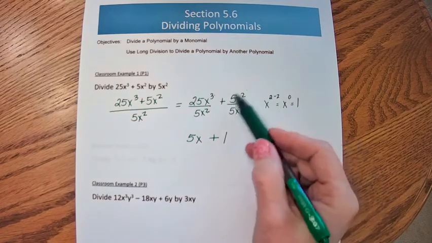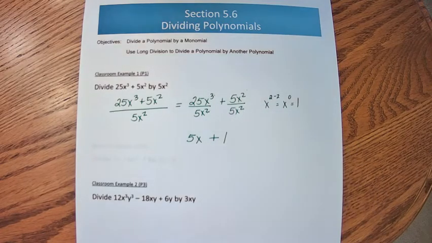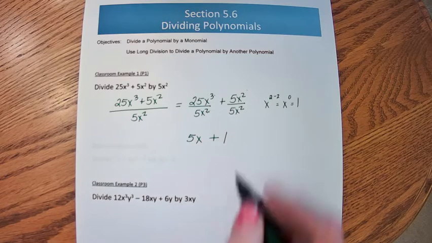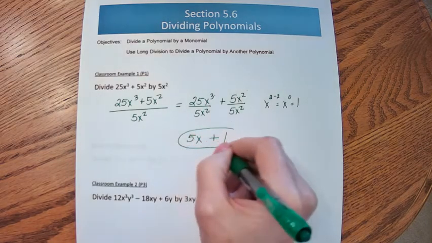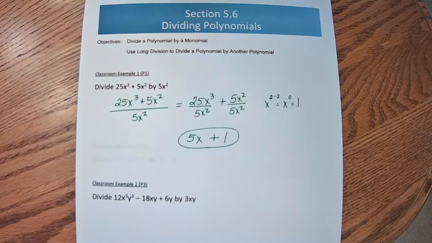But it's probably easier to just remember anytime you have an exact same expression in the numerator and denominator, the answer is 1. So go ahead and try practice 1, dividing by a monomial.